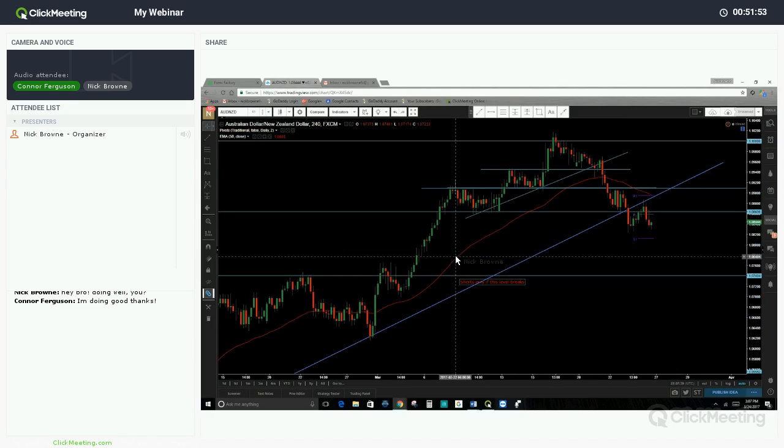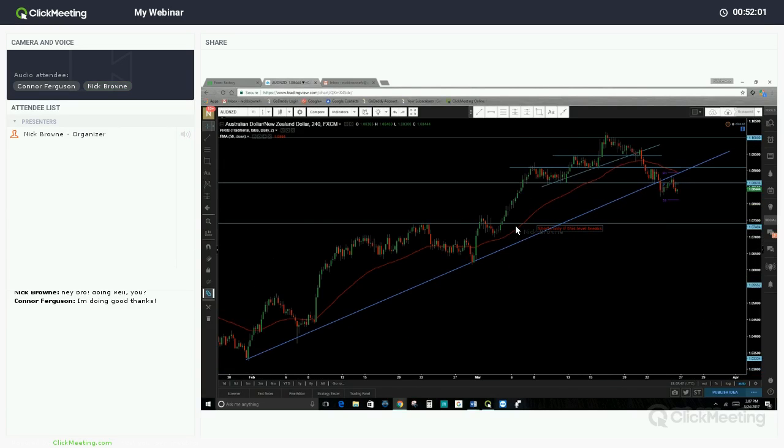I'd like to see price reach that level. And now we're double bottoming. I think the formation of this double bottom is just people exiting before the weekend. It's just a lot of profit taking.